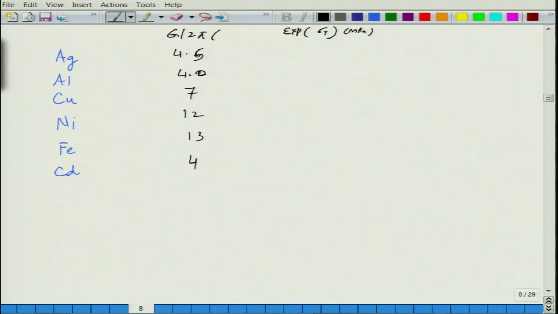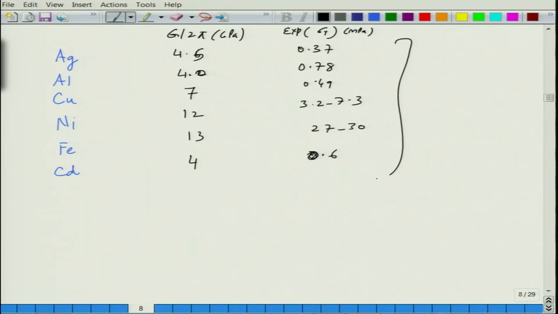So, this is in GPa, this is in MPa, and these values are 0.37, 0.78, 0.49, this is 3.2 to 7.3, this is about 27 to 30, and this is about 70.6, all right. So, you can see there is a huge discrepancy, and this huge discrepancy of a few orders of magnitude is because of the presence of what we call defects.